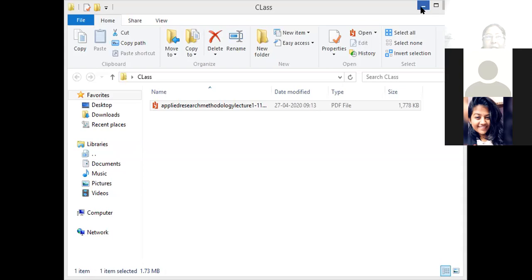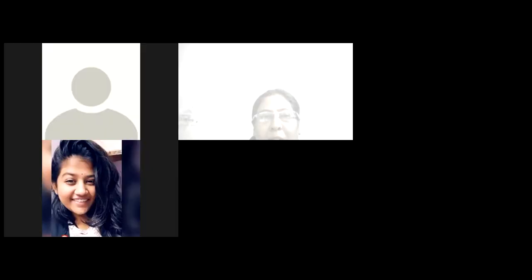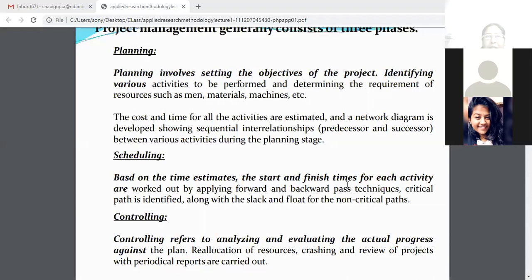But it's open, I can see it. So, okay, how comfortable are you doing network techniques? 50-50. Now, can you see the file?